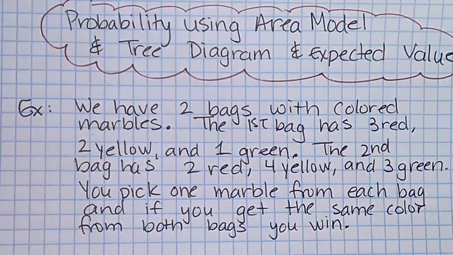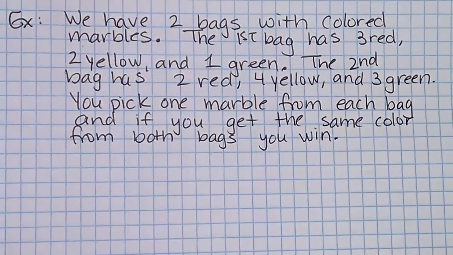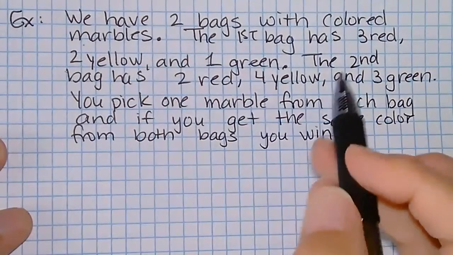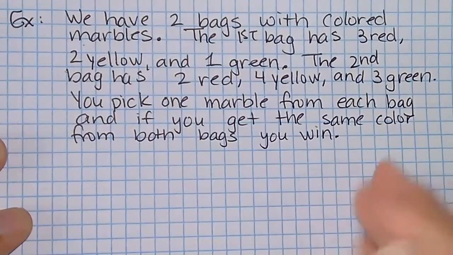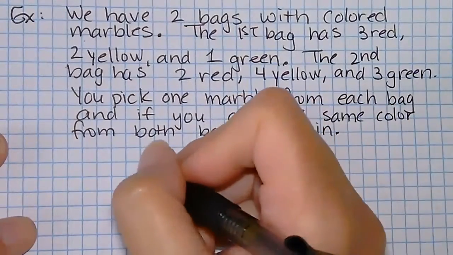So let's first do our area model, and then we'll figure out what the probability of winning is. So I have 3 different colors in each bag, and I have 2 different bags, so I'm going to do a 3 by 3.